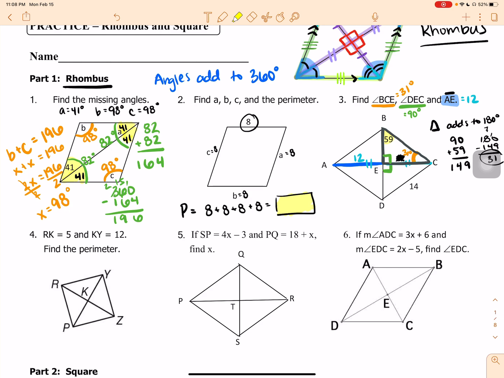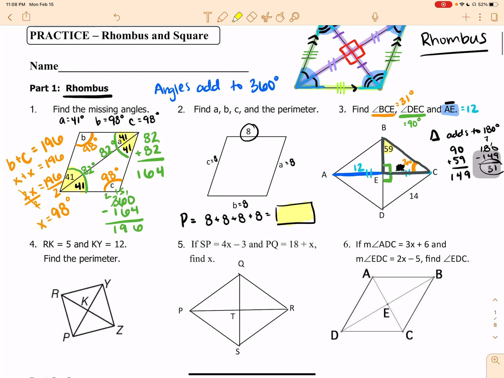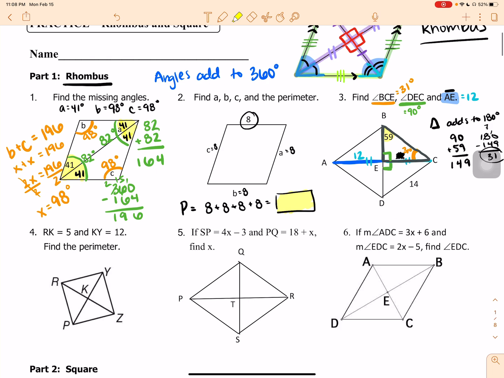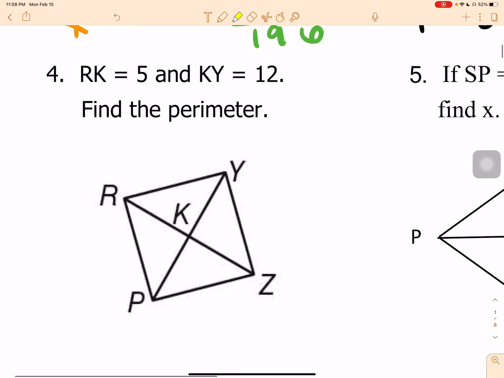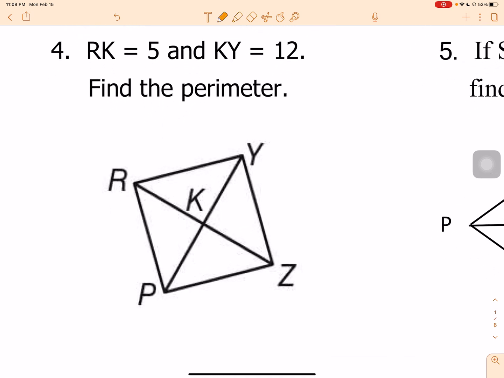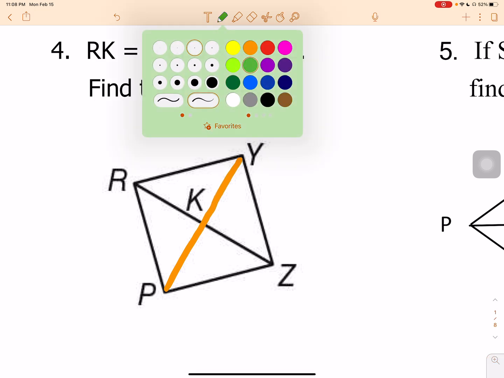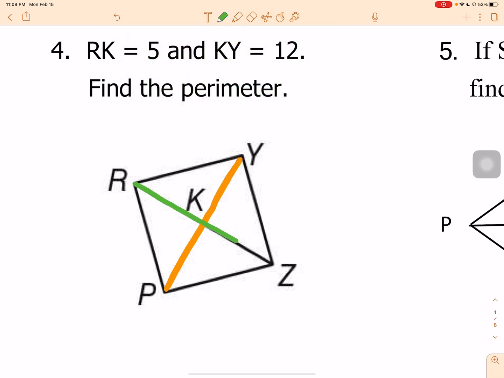All right, so number 4 gives you different pieces. Now I'm going to remind you, it looks like we're using the diagonals here. So what I'll do here is I'm going to mark these up so I can write a little bit smaller. So this is a diagonal here. And this is the other diagonal.